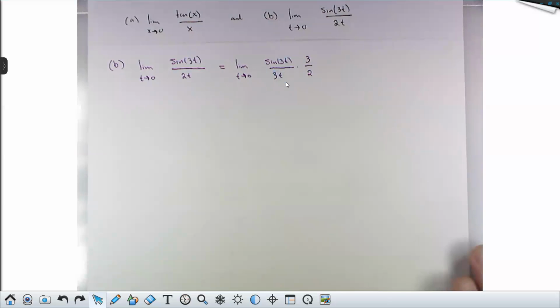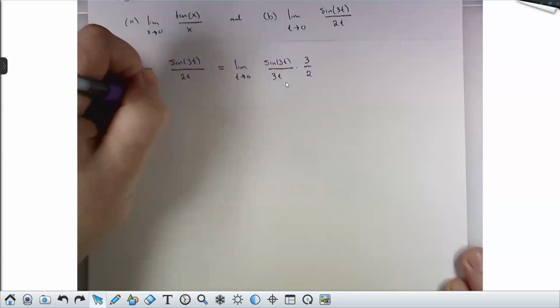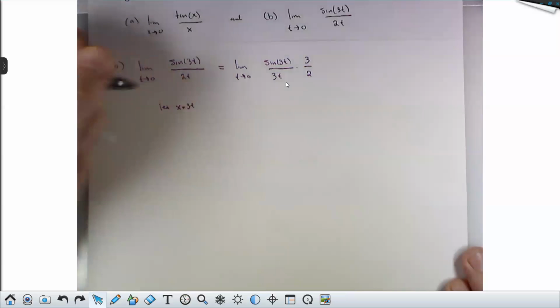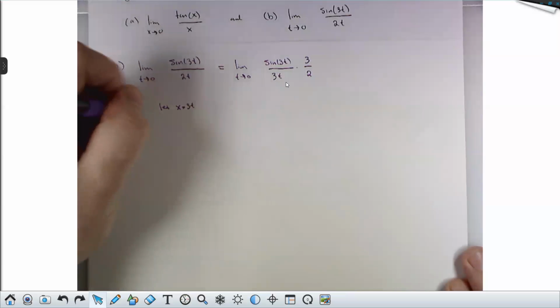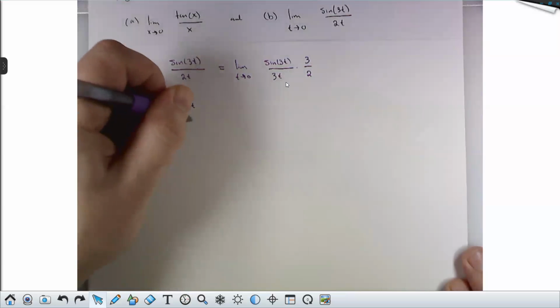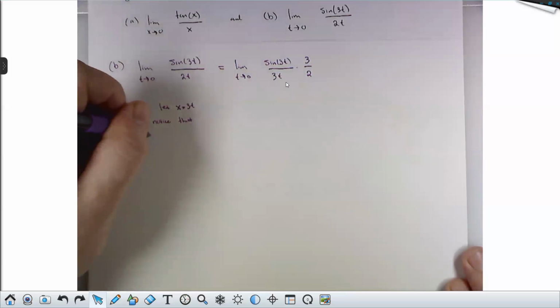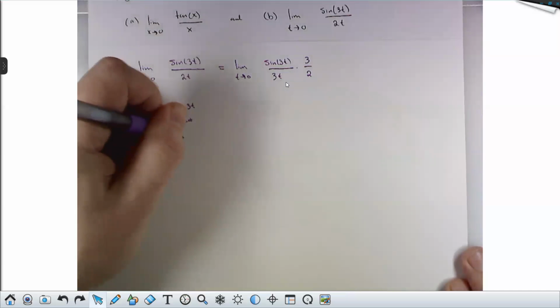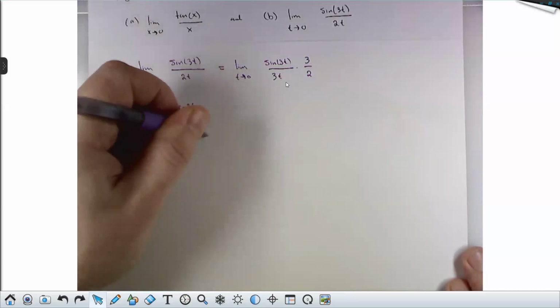And we can make a little substitution where we let, say, x be equal to 3t. And notice that as t goes to 0, x goes to 0 also.